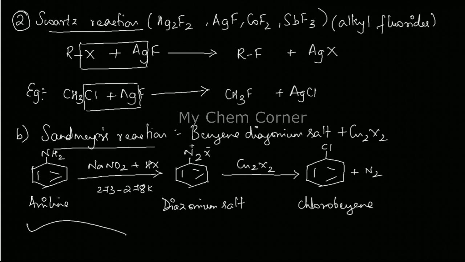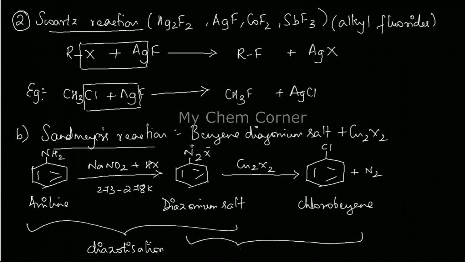The first step here is basically called diazotization. I'm sure those of you who have done your practical exams recently had a viva question: explain the formation of the diazonium group, or explain diazotization. This is the same thing for the equation, and the second part of the equation is nothing but Sandmeyer's reaction.